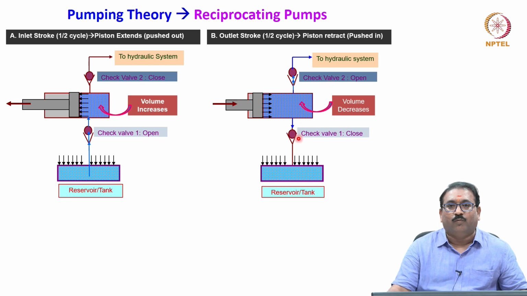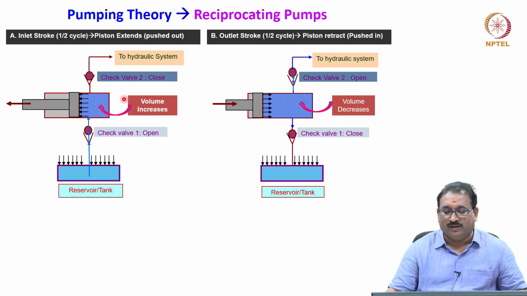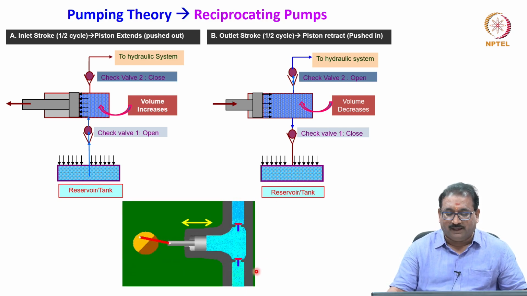Oil will not move back here because it is only a unidirectional valve, an NRV. When the piston is pushed in, the volume decreases. This is of prime importance in all pumping theory. When the volume increases, always a suction will take place. When the volume decreases, always a discharge takes place positively to the outlet. This is what you can call the pumping theory.